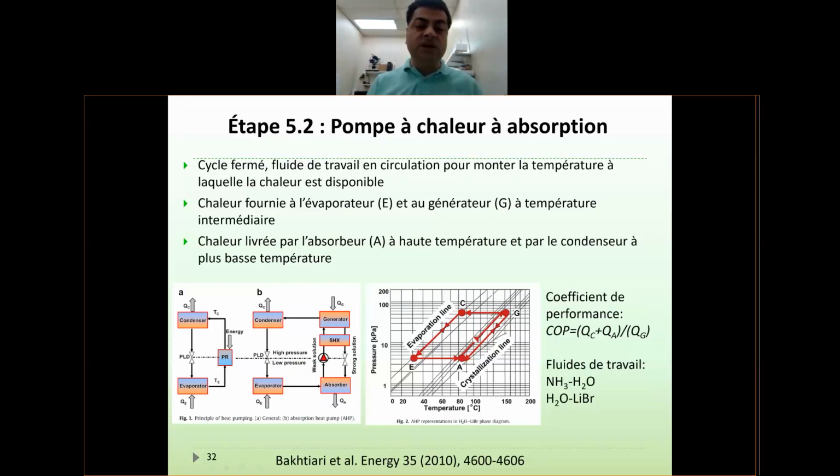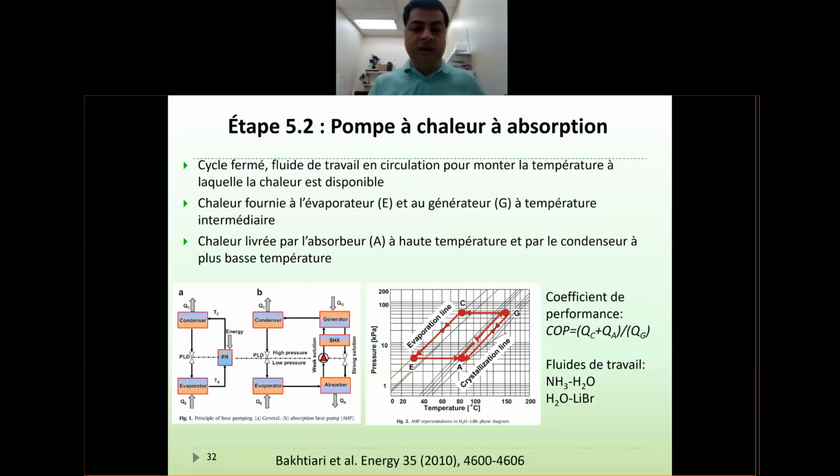This weak solution is pumped. For now, forget about this SHX step. I will tell you later what it is. The working fluid is then pumped to a generator. In the generator, by giving some energy like Qg, the volatile part of the mixture is separated from the solvent.